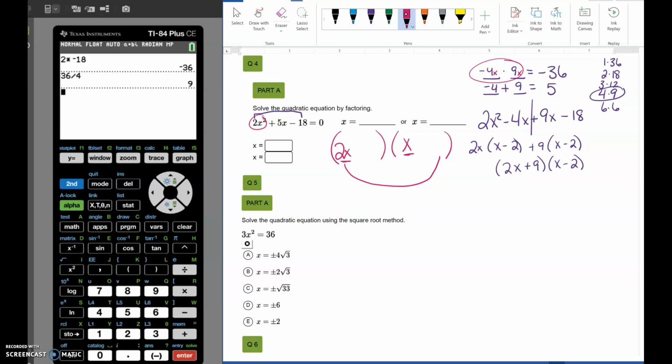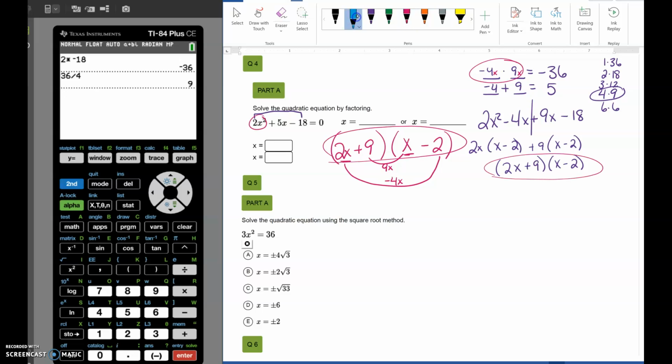So the 2 is probably going to go with the -4x. So 2x times something is -4x. That would be -2. That means that these two have to multiply to give us 9x. So this is going to have to be a +9. And see how I got the same thing both times.